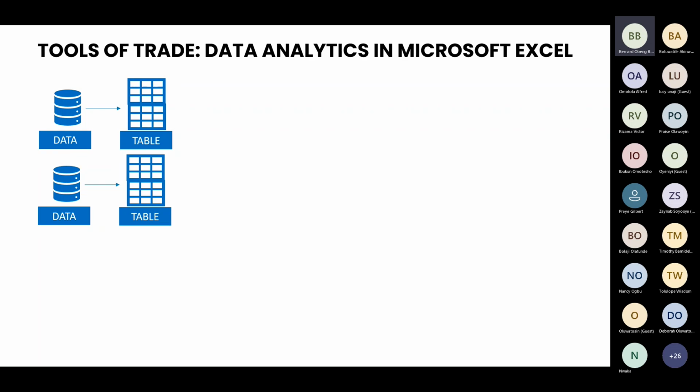Tables allow for structured referencing. It puts all the data in one place and makes it easier for you to analyze and reference in your calculations and all that. So we'll talk about tables and the advantages they have over what we call a range of cells.